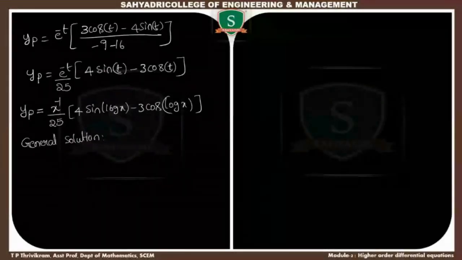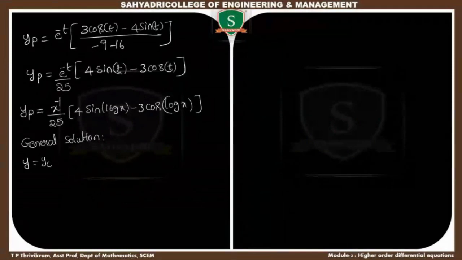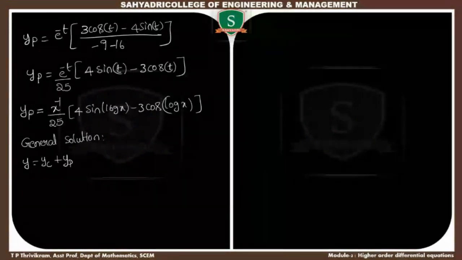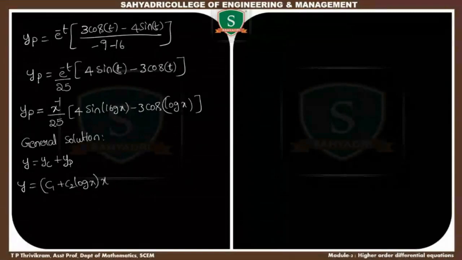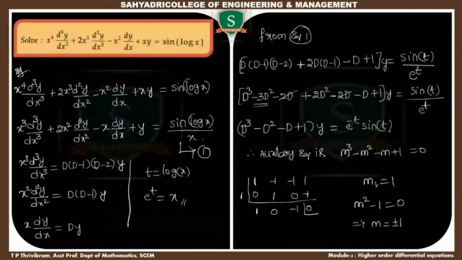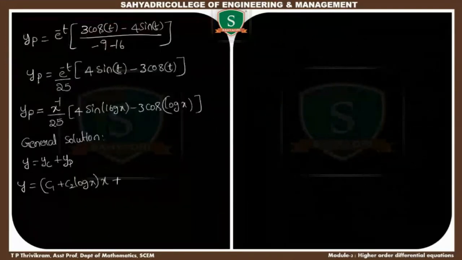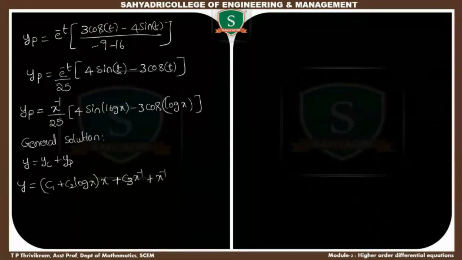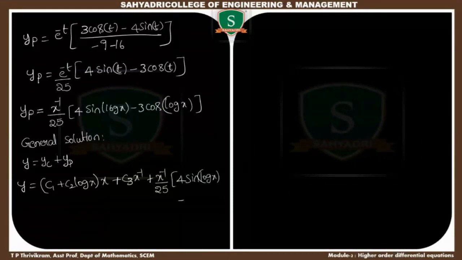Okay, so general solution. General solution is y is equal to yc plus yp. Therefore, y is equal to c1 plus c2 log x into x plus c3 x inverse plus x inverse divided by 25 into 4 sine log x minus 3 cos log x.